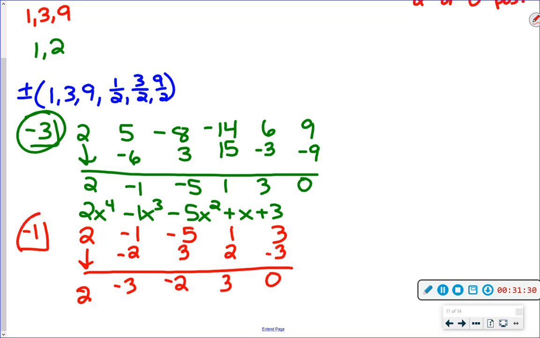Second answer. Win it. Okay. Now again, if I were to recover this, not that we have to write out the whole thing, we would be down to 2x cubed minus 3x squared minus 2x plus 3.